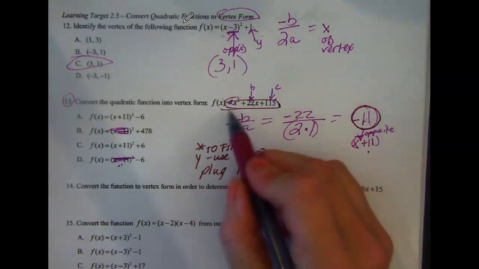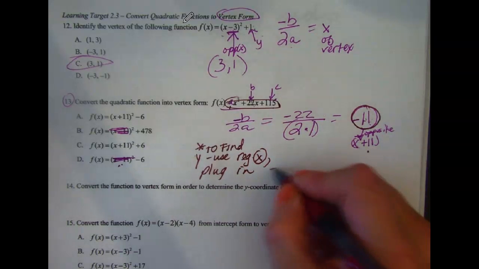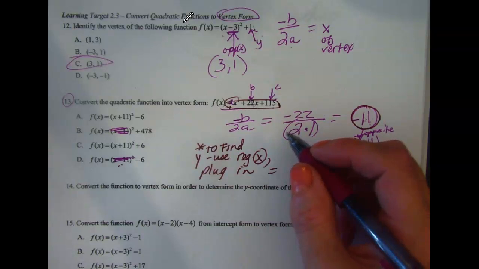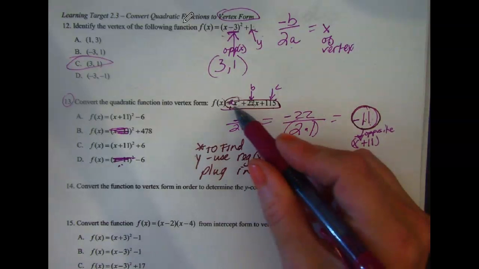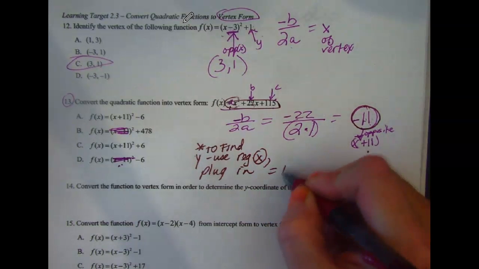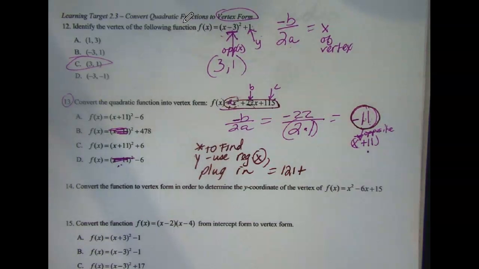So it would be -11 squared. Remember, whenever you square a negative, so 11 squared, just be careful. If you put -11 squared in your calculator, it's going to give you a negative back. So make sure you know that it's actually a positive 121 plus, and then 22 times -11.